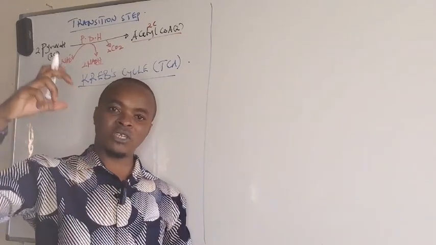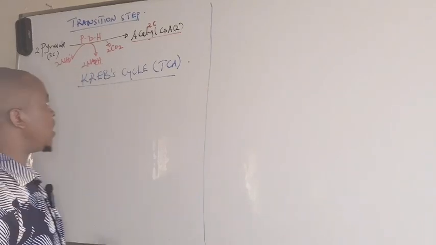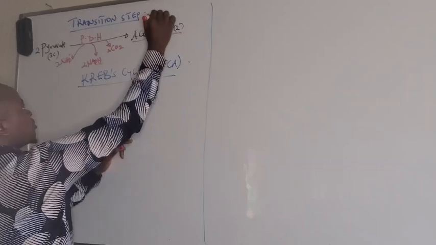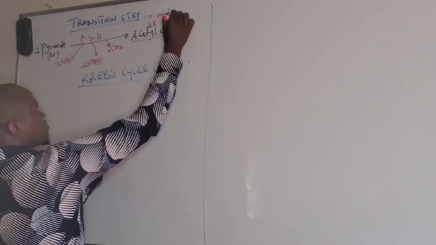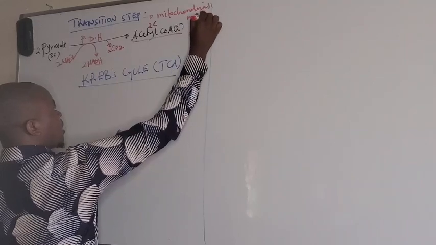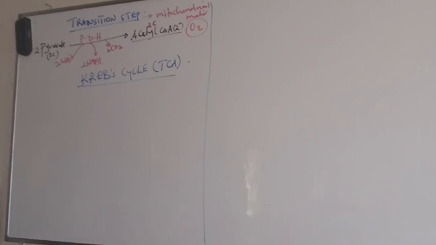This is a transition step, because it bridges glycolysis with the Krebs cycle. It occurs in the mitochondrial matrix, and in the presence of oxygen. Oxygen is required in this transition step.